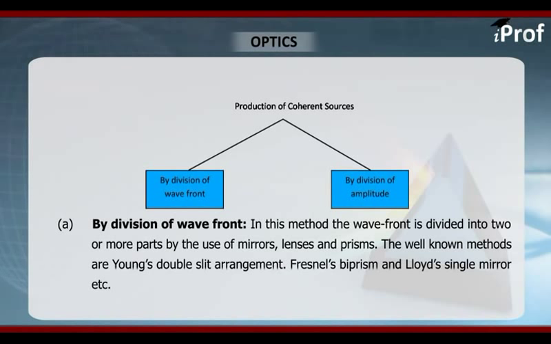There are many well-known methods which exploit this method of production of coherent sources. The examples are Young's double slit experiment, Fresnel biprism, Lloyd single mirror, etc. As a part of the JEE syllabus, we will be studying Young's double slit experiment in detail.